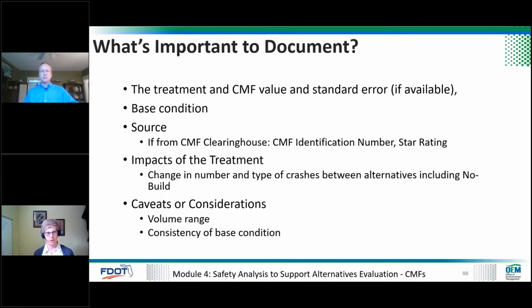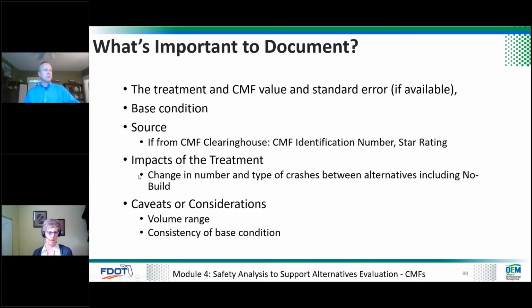The base condition, so kind of explain why we think it's a good selection. The source: if it's from the clearinghouse, each treatment and CMF has an ID number. Go ahead and include that. It makes it really easy to just say, the CMF of 0.58, CMF ID whatever, 3 stars.